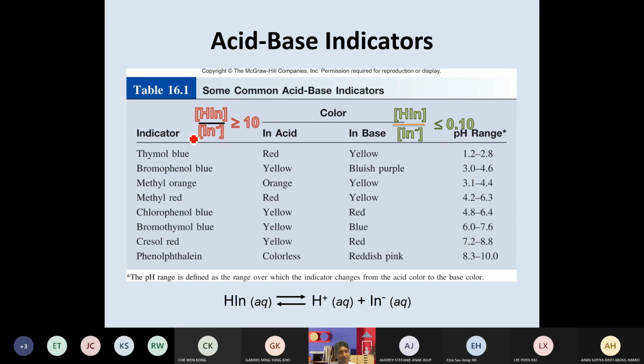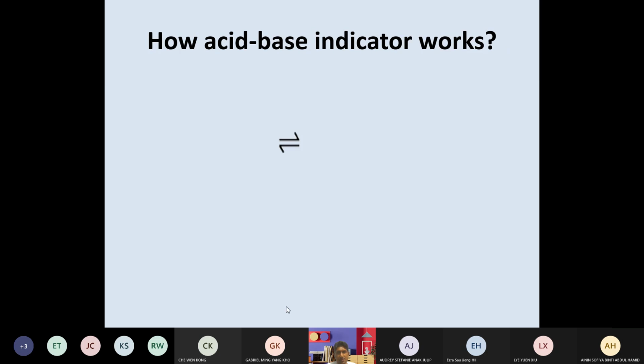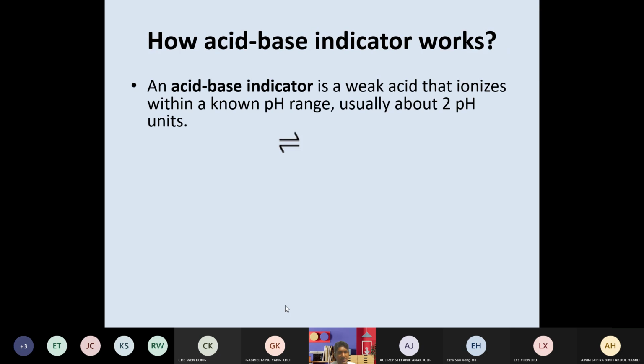So when their pH is changed, they change the color. For example, a solution of red cabbage extract, we'll see later on. As the pH is changing, it's a weak acid actually. A pH indicator is a weak acid that ionizes within a known pH range, usually about 2 pH units.